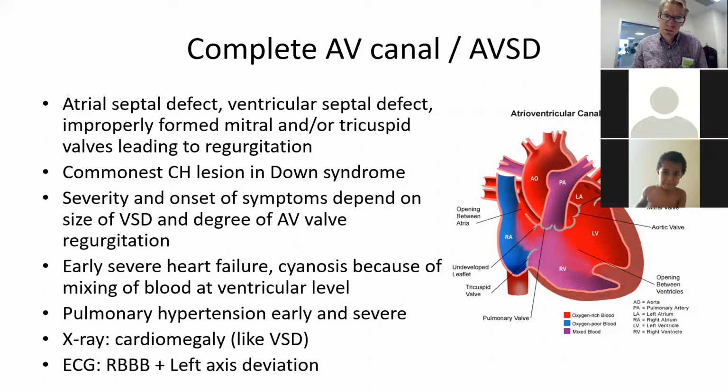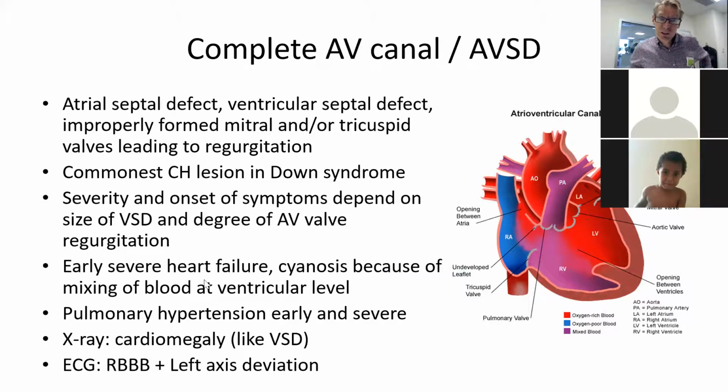In those children, they present like a VSD, but they're often cyanosed because you've got mixing of blue and red blood, deoxygenated and oxygenated blood, within the ventricles. Sometimes there's blood going in all directions because there's a problem with the mitral valve, and you might get regurgitation of blood through the mitral valve as well.